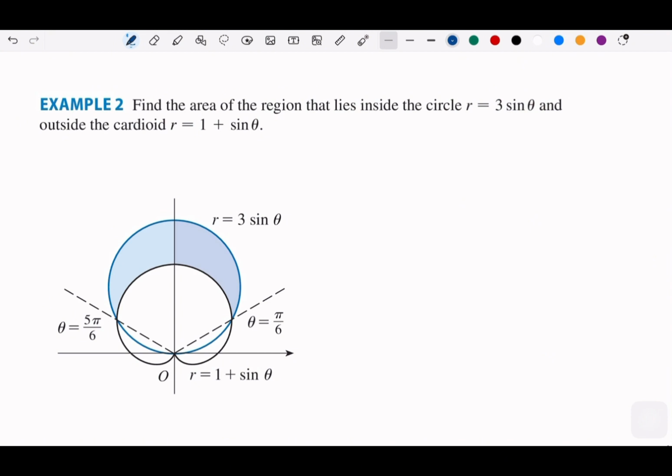We can try. But I would like to start with the intersection, which goes from pi over 6 to 5 pi over 6.